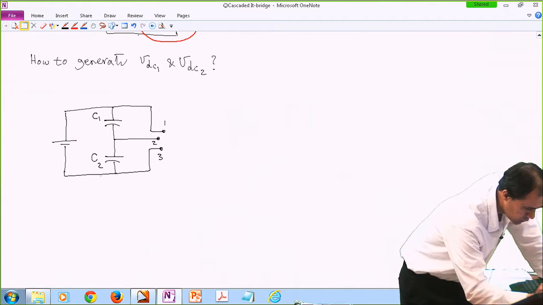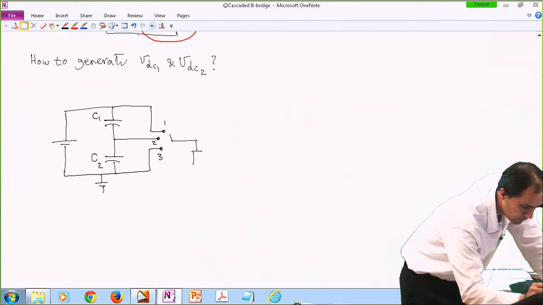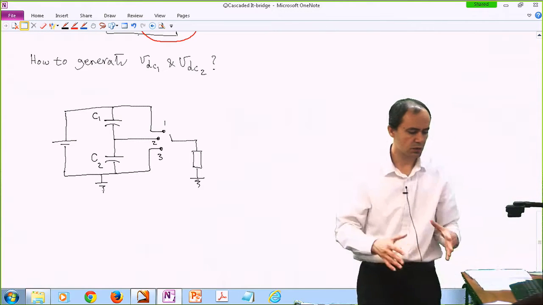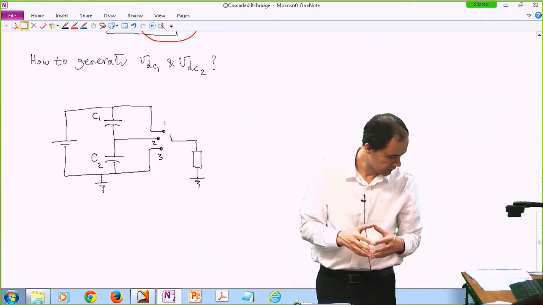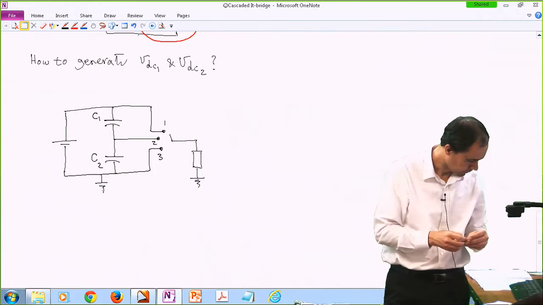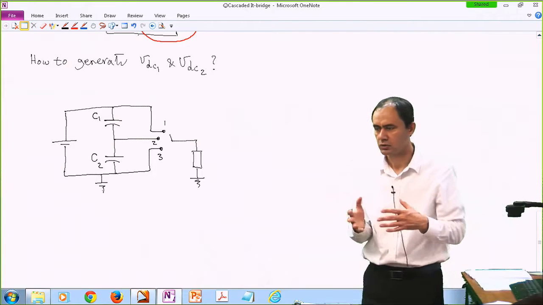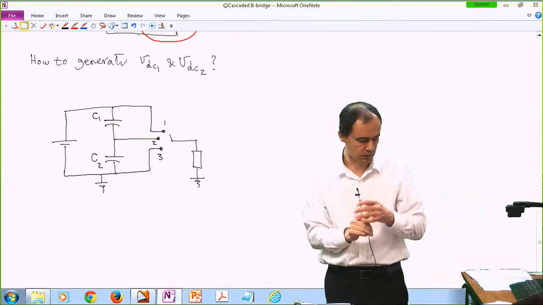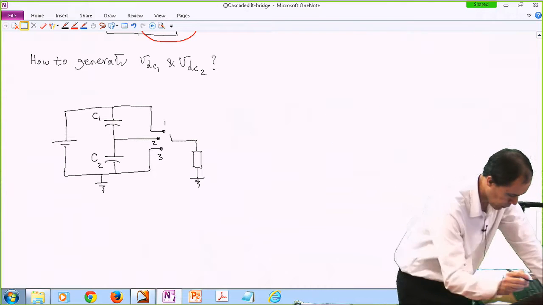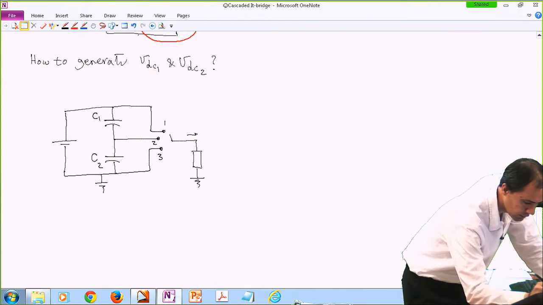Okay, I'm assuming that this is my ground now, and I have a load connected to this ground. Okay, let's consider we are using actually this capacitor for like a bidirectional kind of a DC to DC converter kind of a thing. I'm going to label this to be I out.